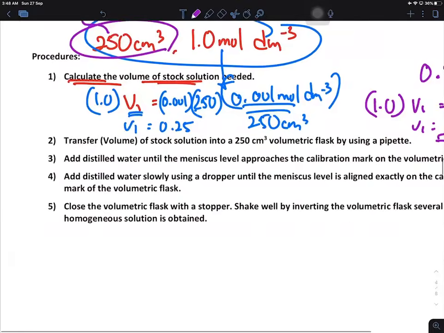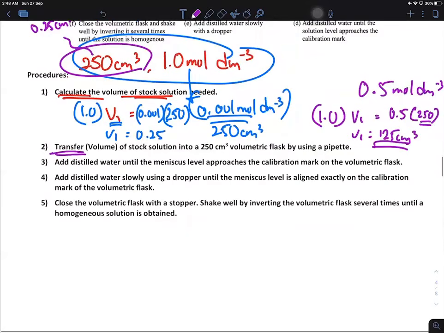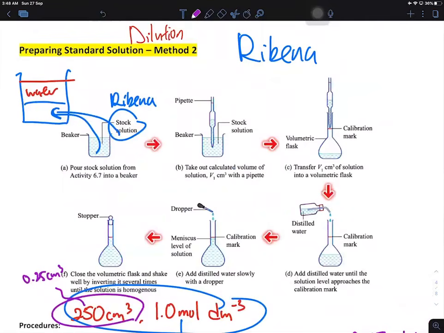After you have calculated the Ribena solution, you are going to transfer it straight away using a pipette, into the volumetric flask. Mention the size of the pipette. So this is how they do it. Pipette, go in.